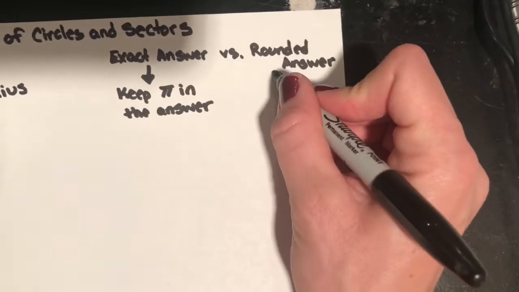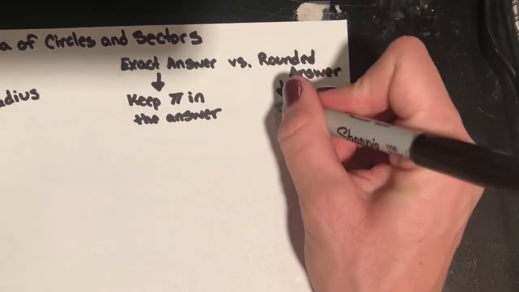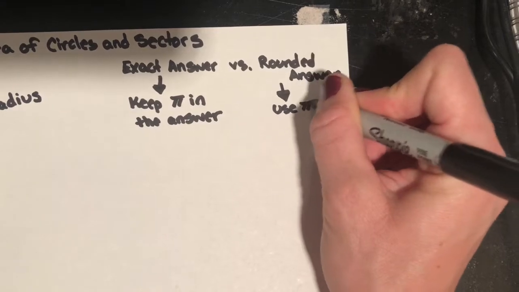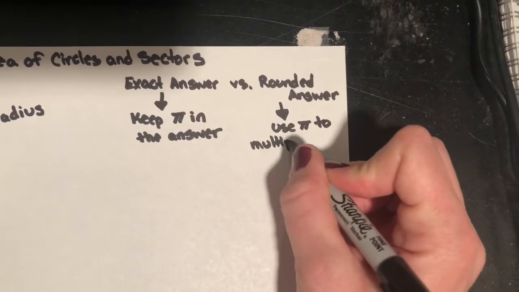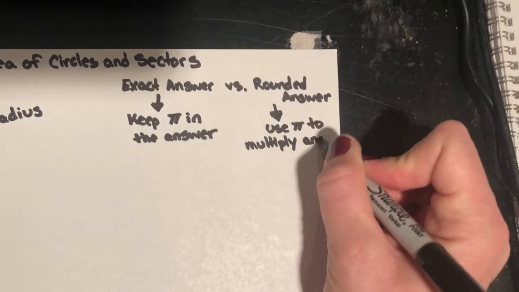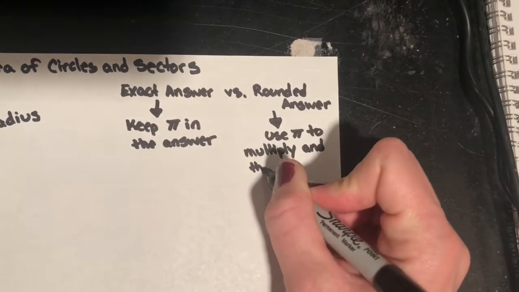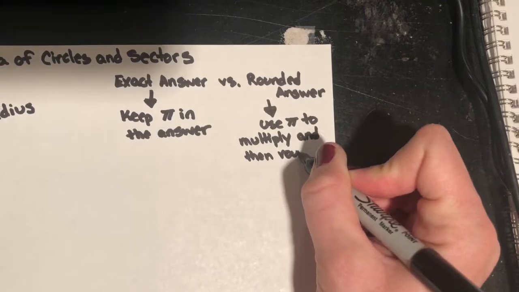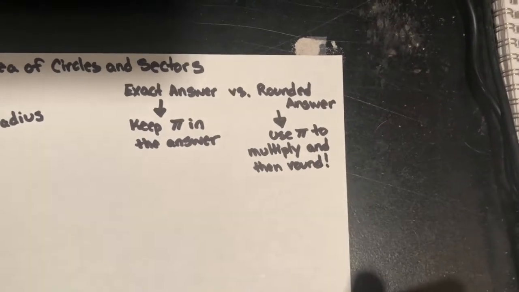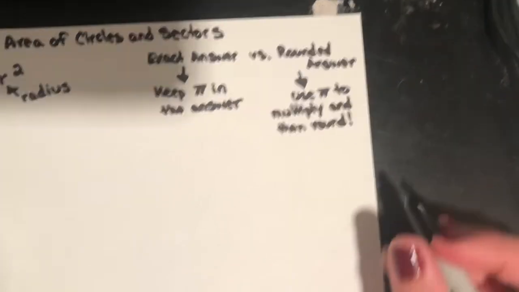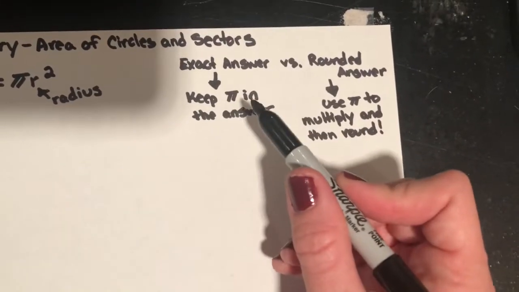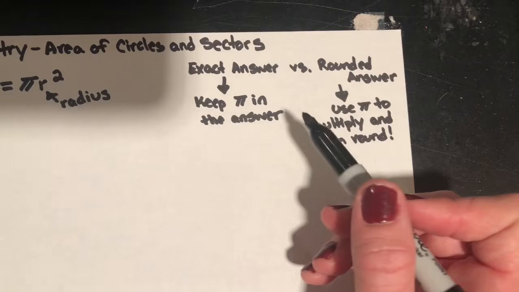A rounded answer is when you use pi to multiply and then round. So usually we will tell you to round to either the nearest tenth or the nearest hundredth, and you'll have to follow that. If we ask for an exact answer, we are looking to keep pi in the answer.